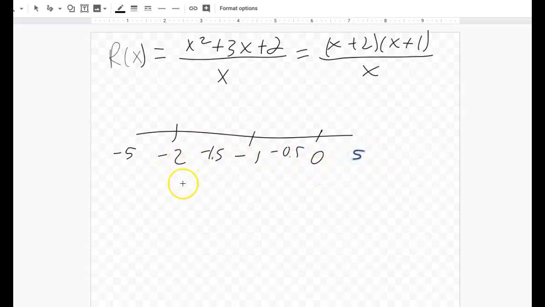And so we'll plug this into R of x, and also find more points for our curve.